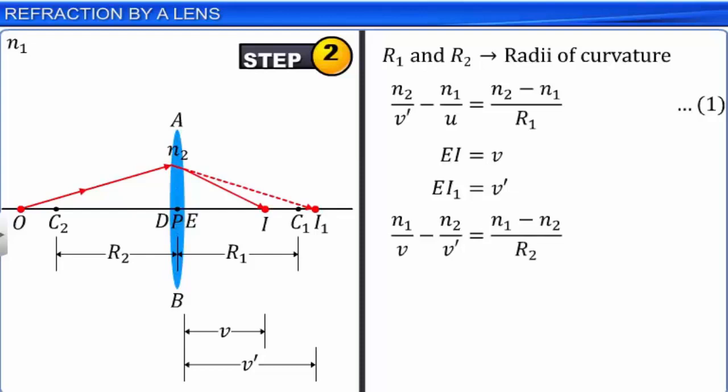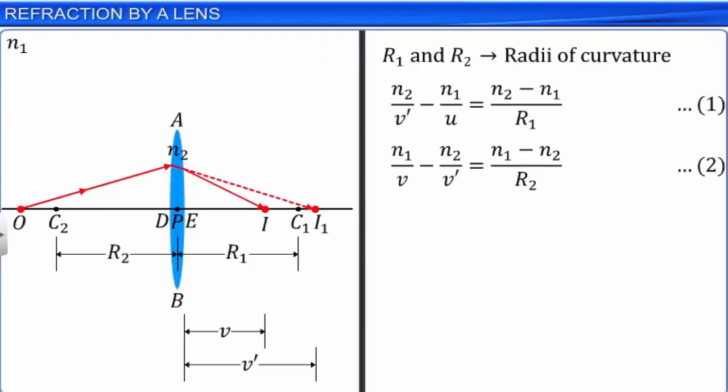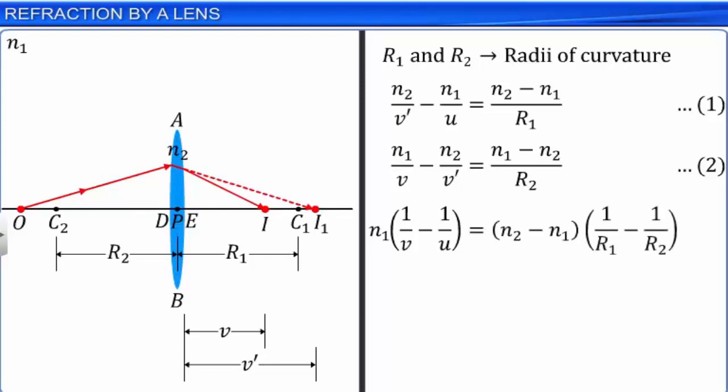Since N21 is the refractive index of the second medium with respect to the first medium and is equal to N2 by N1, we can write 1 by V minus 1 by U is equal to N21 minus 1 into 1 by R1 minus 1 by R2. Let this be equation 3.